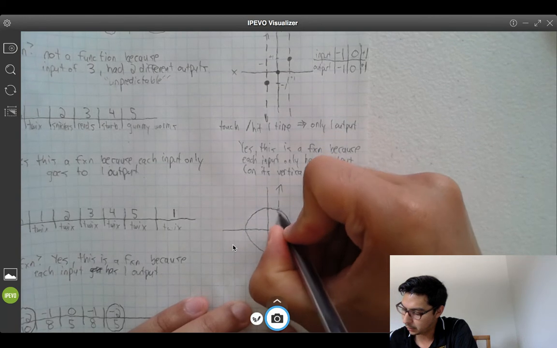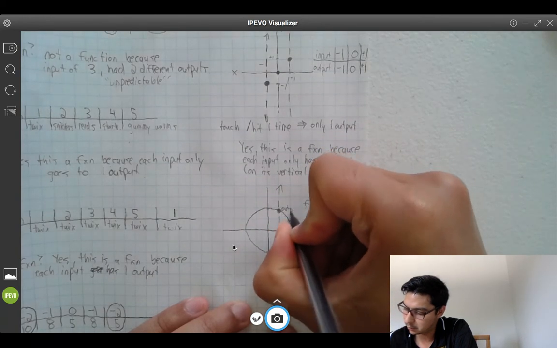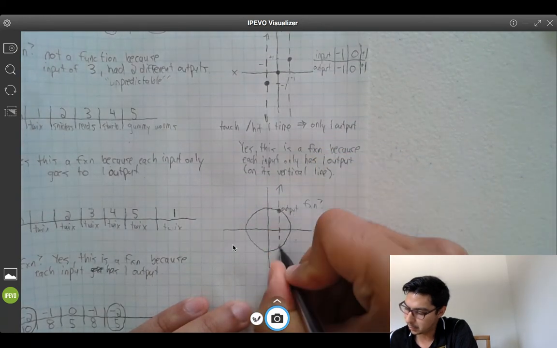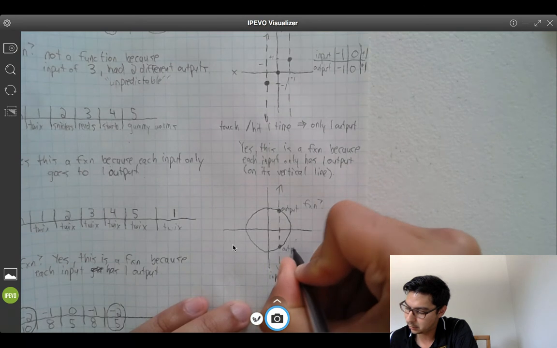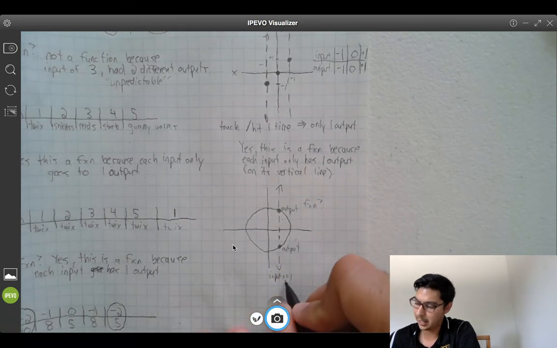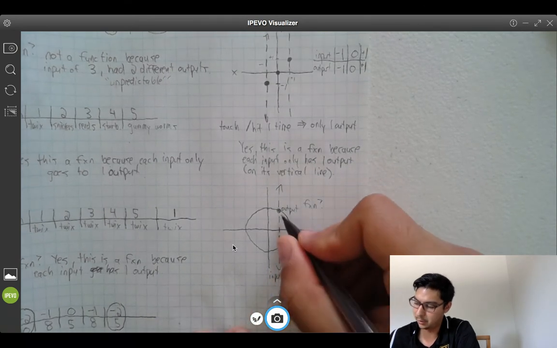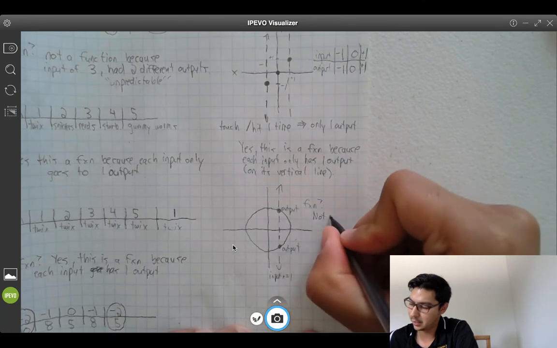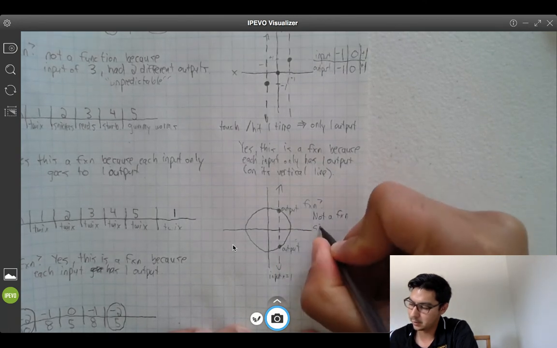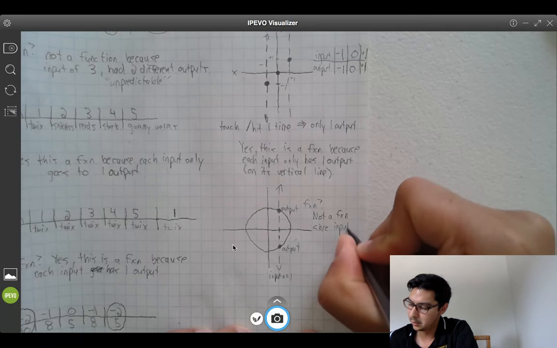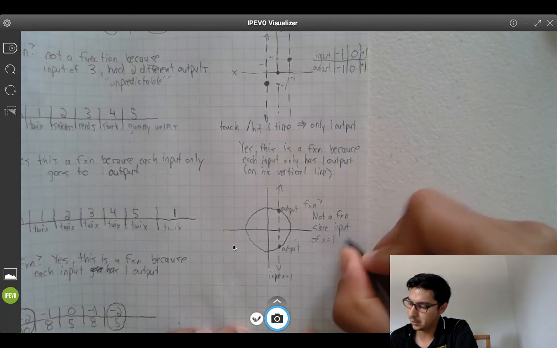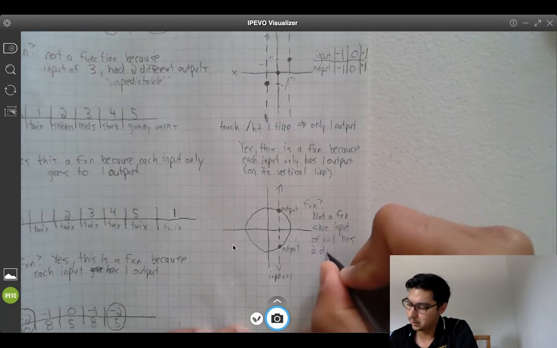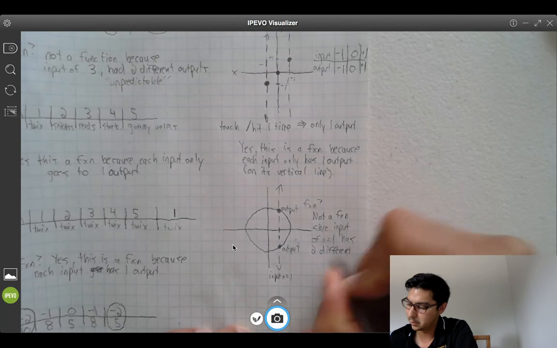Well, I hit one time here, that's an output. And I hit one time here, that's an output. So your one input has 2 different outputs. So this is not a function, since your input of x equals 1 has 2 different outputs.